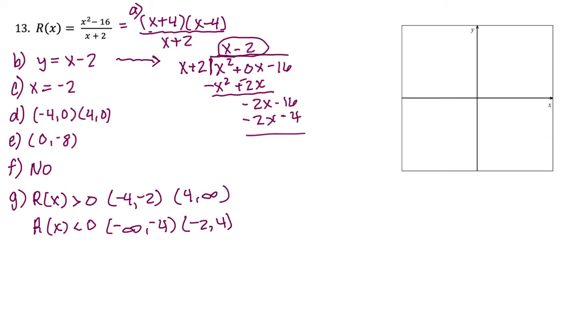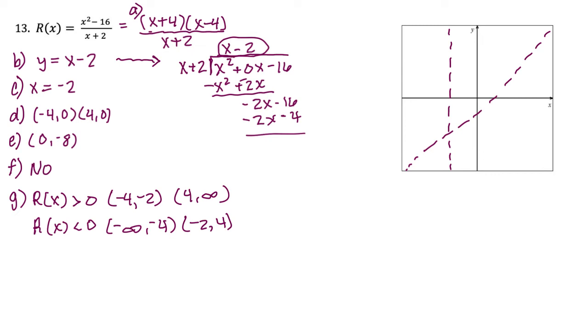And then sketching this, remember you've got a vertical asymptote at x equals -2. And then you had a horizontal one, the slanted one, because that's definitely not a straight line.